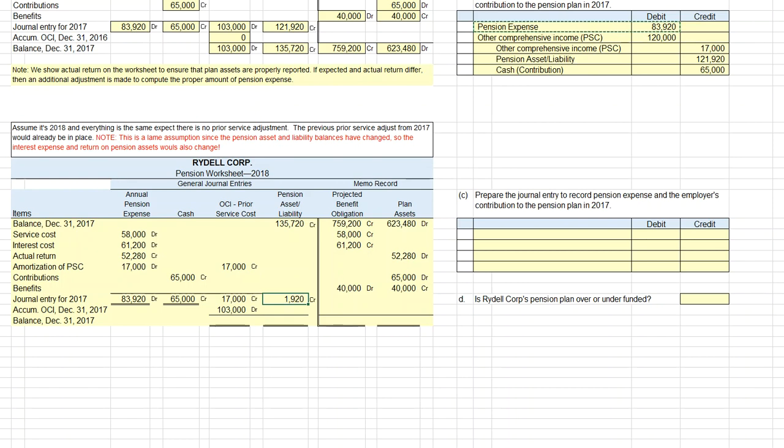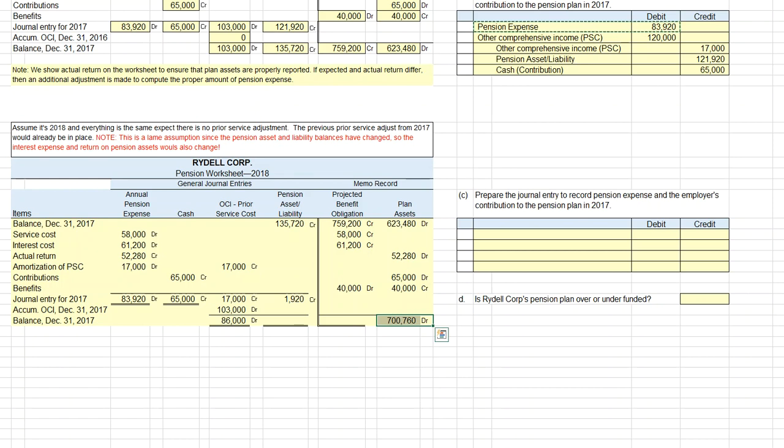Our pension liability is the net of these items, $1,920. Our ending balance then for our other comprehensive income related to prior service cost, we had 103 beginning balance, debit balance. We have credited it or reduced it by an additional 17, so we're down to $86,000.